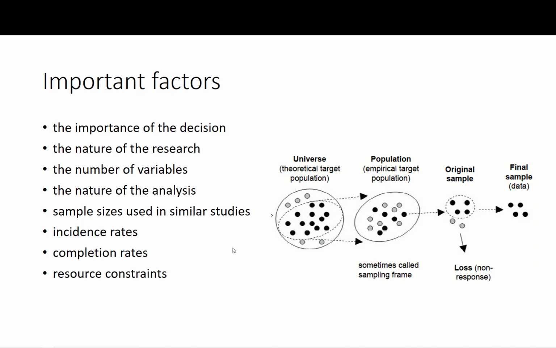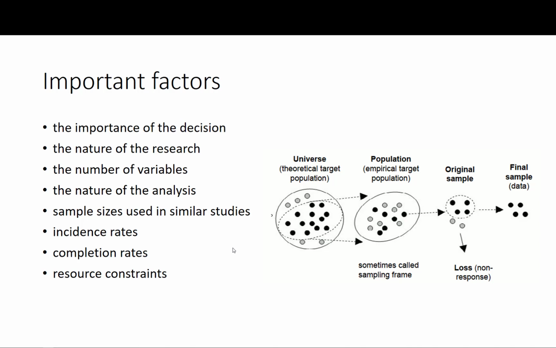Within statistics, certain types of statistics require a certain level of what is called degrees of freedom. And sample size provides you with a larger capacity to have enough degrees of freedom to include more variables in your consideration in the analysis.